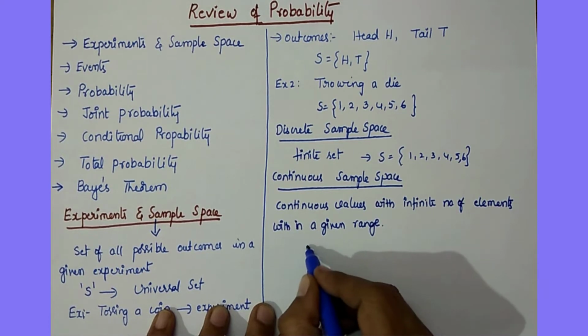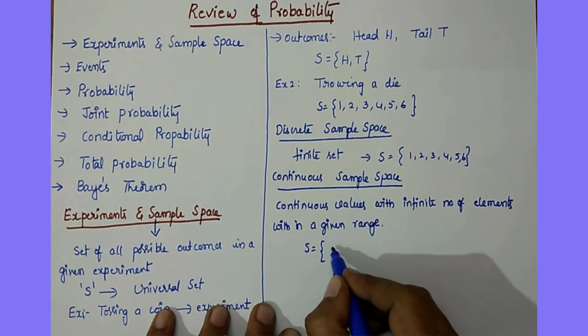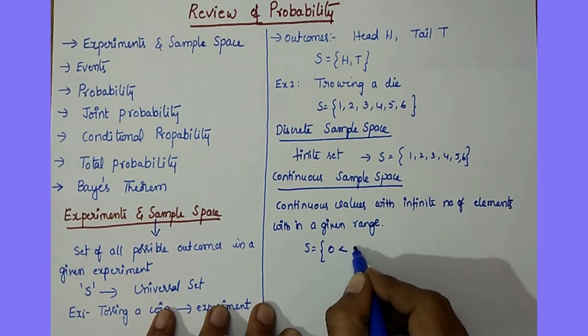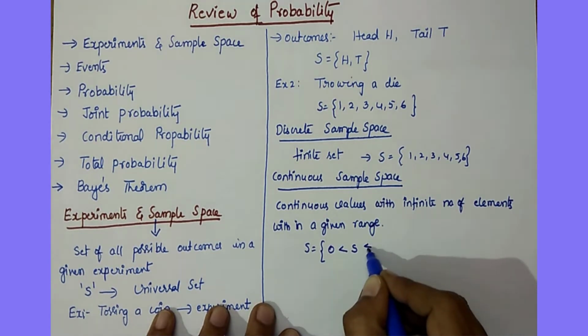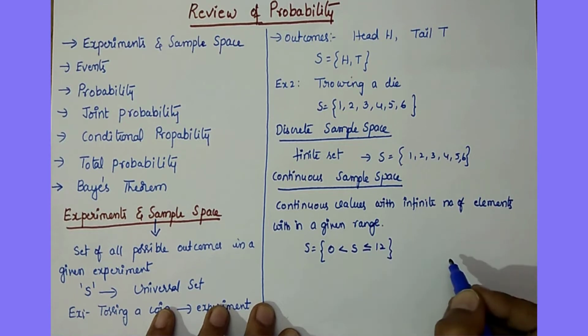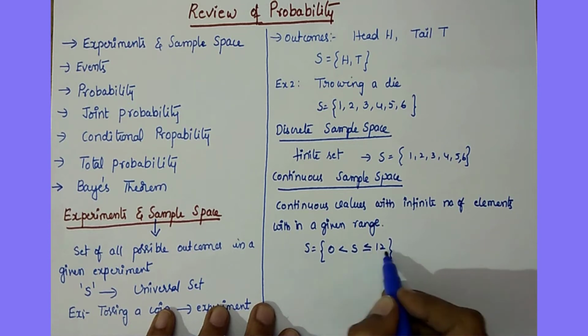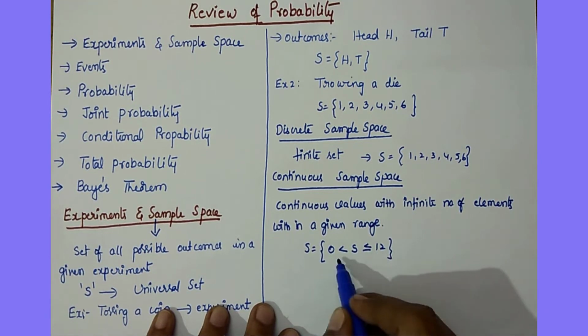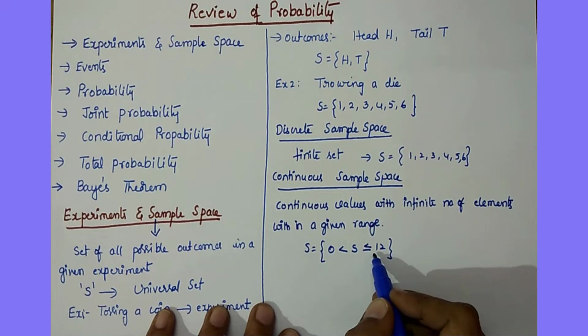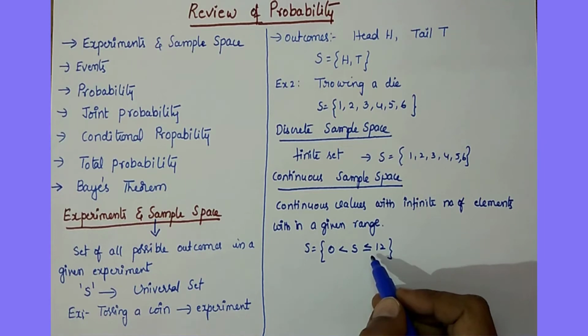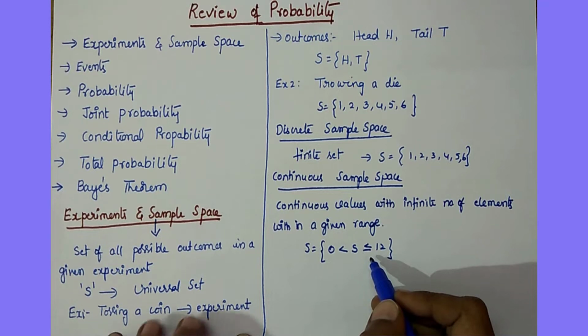Let me tell you an example. Suppose S is like this, 0 less than S less than or equal to 12. Take this sample space. The sample space has infinite number of values between 0 and 12. Because suppose take between 1 and 2. Between 1 and 2 how many values are there? You can choose infinite number of elements. There is no limit for them. So this type of sample space is called continuous sample space.